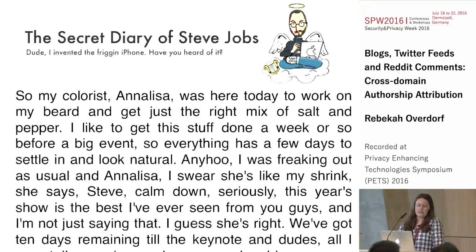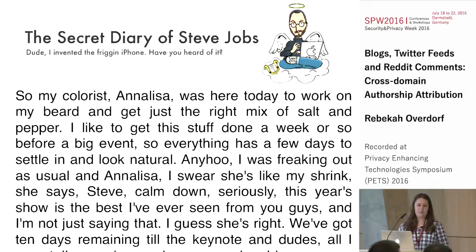So let's lead with an example. This is an excerpt from a popular blog called The Secret Diary of Steve Jobs. It's very obviously not written by Steve Jobs, but at the time of publication, the actual author was unknown. And because of its popularity, a lot of people had compiled lists or had suggested that certain people were the author of this blog.